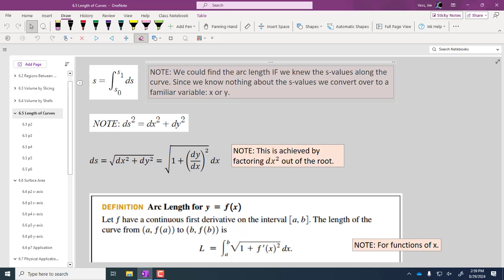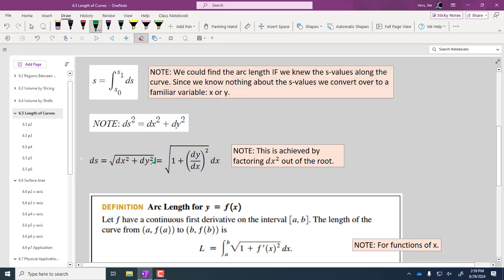We need to have a dx or a dy at that tail end so we can integrate with respect to x or y. If we factor the dx squared through the square root, it'll come out as a dx. But this dy, there's no dx here, so the idea is that we're going to multiply this second one by dx squared over dx squared.